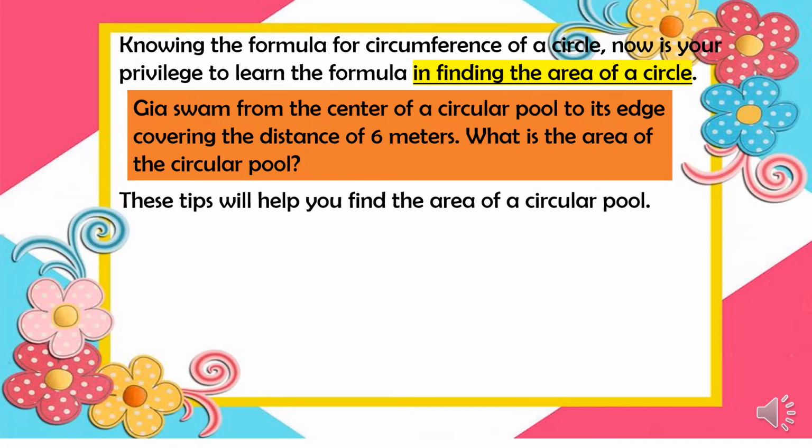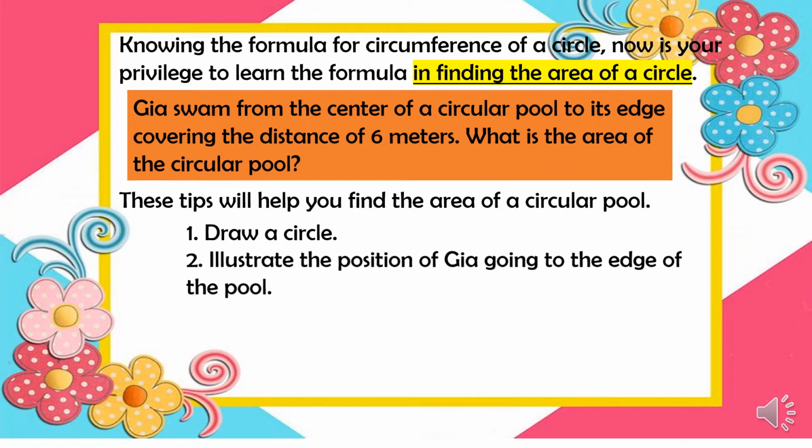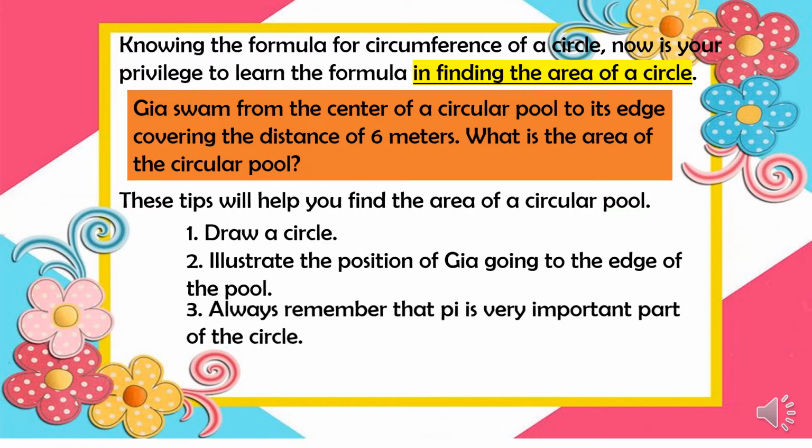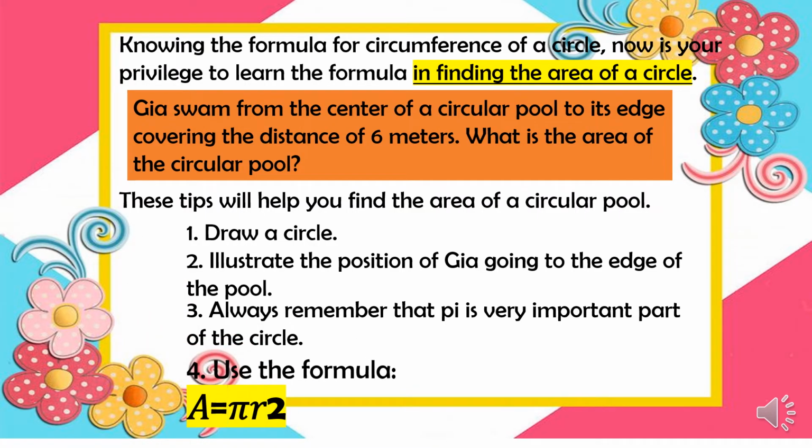These tips will help you find the area of a circular pool. 1. Draw a circle. 2. Illustrate the position of Gia going to the edge of the pool. 3. Always remember that pi is a very important part of the circle, and we can use the formula A equals pi r squared.